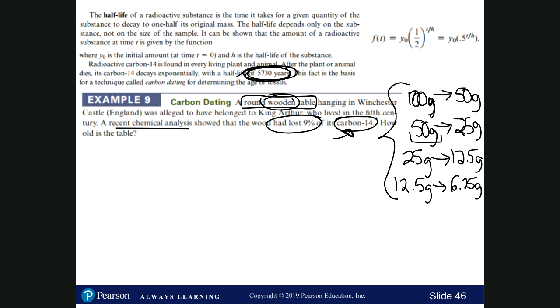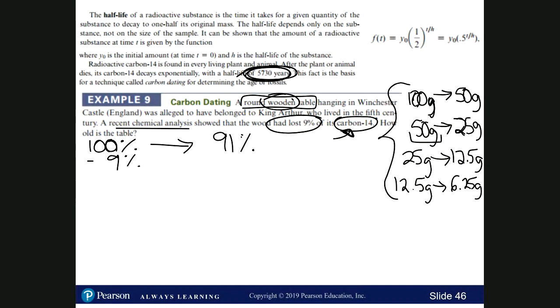So it had lost 9% of what a table should have. So let's say 100% of carbon-14, and when the table was found, it had lost 9%. So 100 minus 9 will give us 91%.